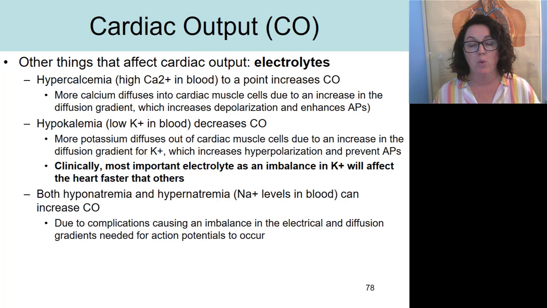So if we open up potassium ion channels, more potassium will diffuse out of the cardiac muscle cell than normal, causing extreme hyperpolarization, which will decrease or prevent, if you will, action potentials. Clinically, this is the most important electrolyte when it comes to looking at how electrolytes affect cardiac output. Because an imbalance of potassium will affect the heart much faster than calcium or sodium will.